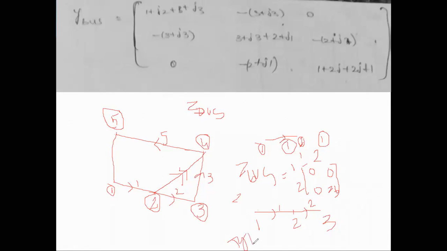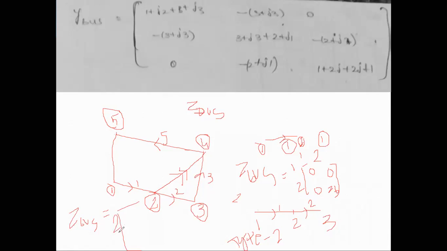If the element is added between an old bus and a new bus, it is a type 2 modification, and then we find the Z bus matrix. Therefore, Z bus is equal to Z bus old.